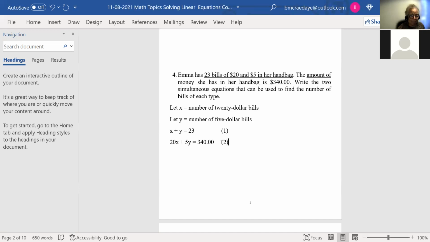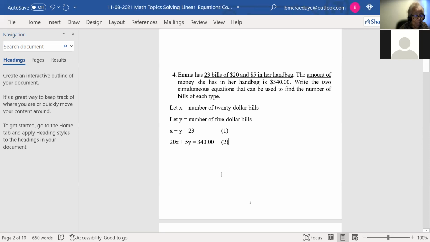So you write first, the sum of the two bills is 23, because Emma had 23 bills, and those bills are made up of $20 bills and $5 bills. So X is the number of $20 bills, Y the number of $5 bills, and X plus Y is the total number of bills, 23.